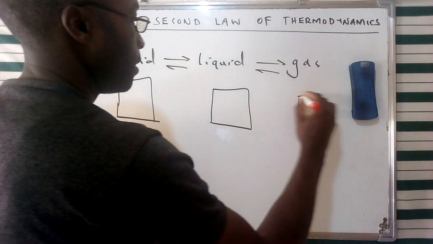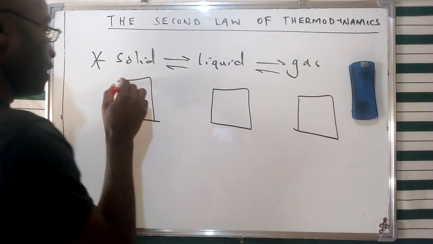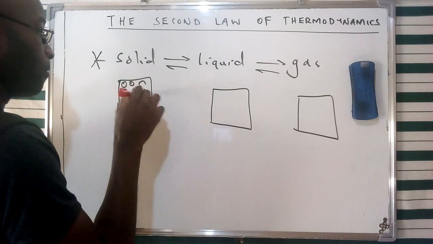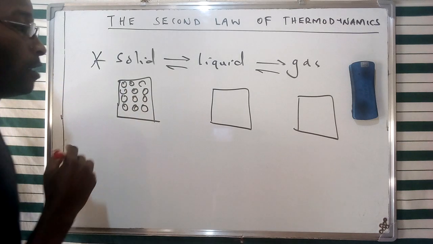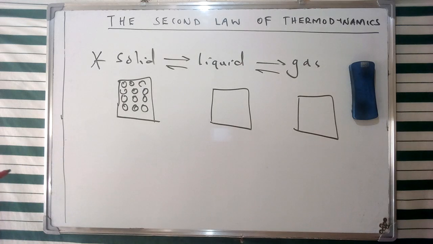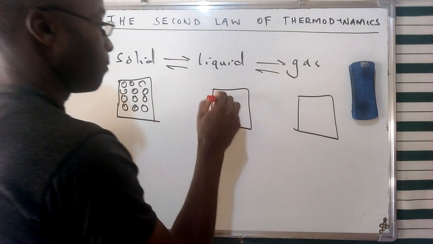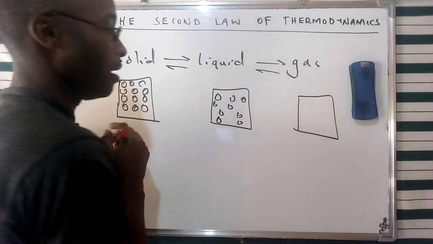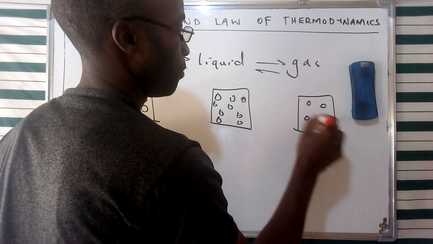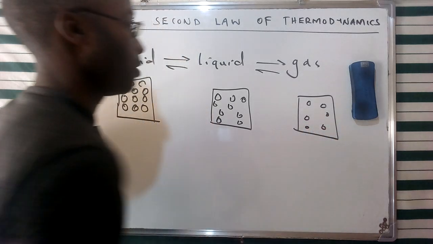We say that solids are made up of a compacted molecular structure, which is arranged in a particular uniform manner. And then liquids have free molecules which can move, but they are relatively compact, or closely together, as compared to the gases.